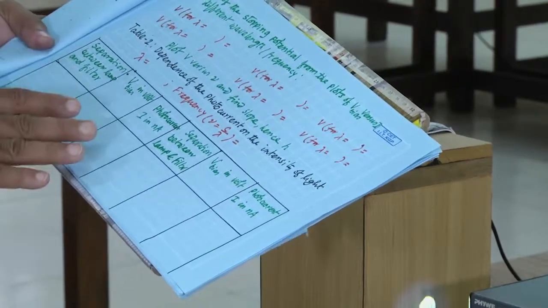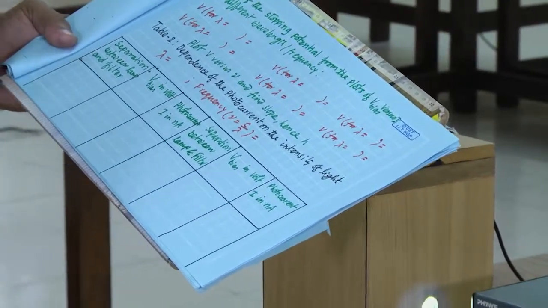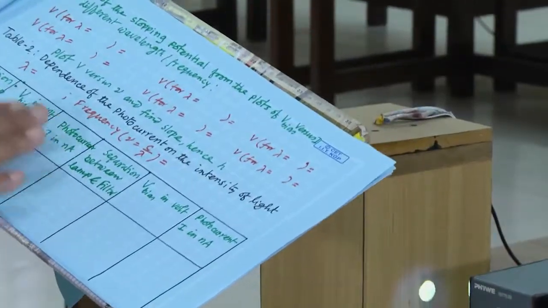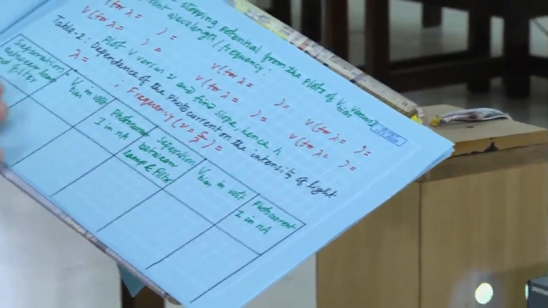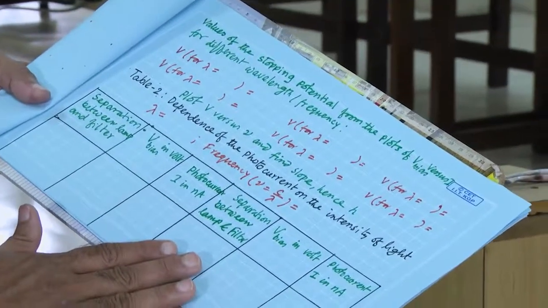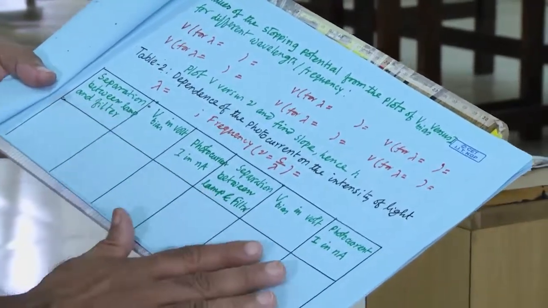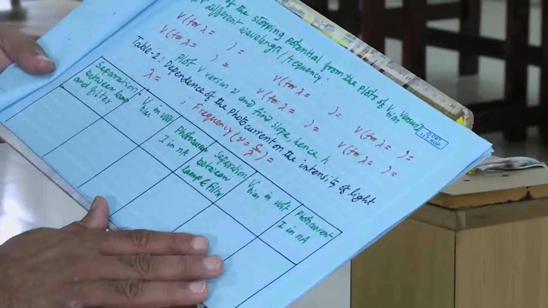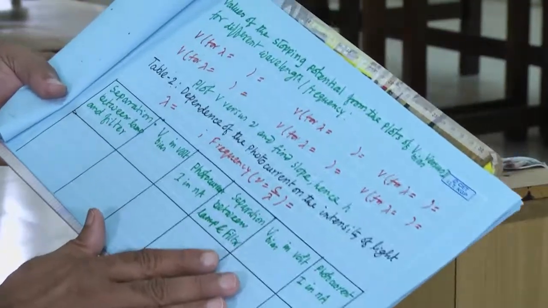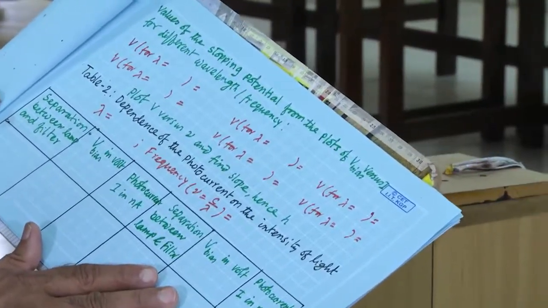So different distance means different intensity for the same wavelength. So how the photocurrent is changing, that is what one can see from this data.